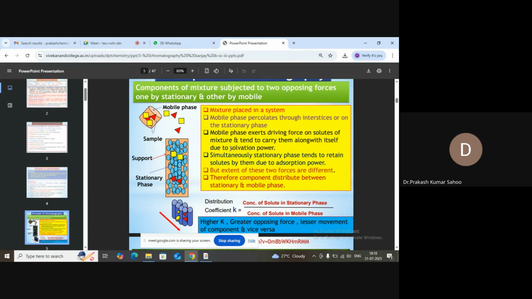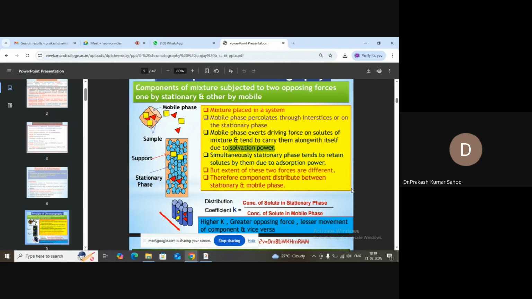The solvation power causes the different components to pass through or percolate through the stationary phase, and the stationary phase has the power of adsorption by which it tries to stop the flow of components. So there are two opposing forces. One tries to percolate and one tries to stop.